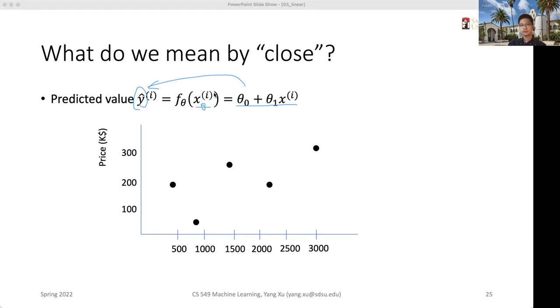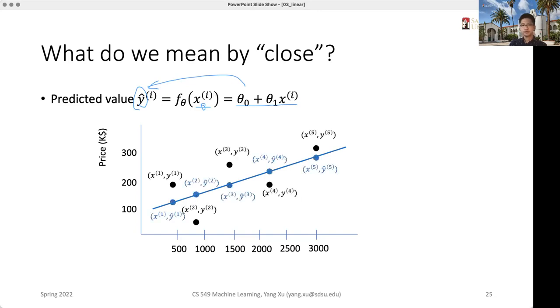We can plot the line and the predicted values y hats, together with the real, actual values. You can see that there are some deviations.